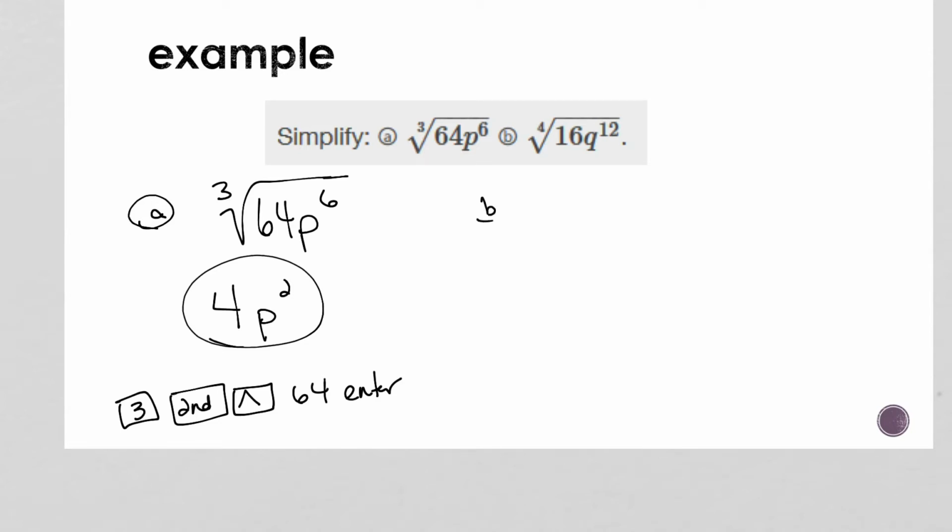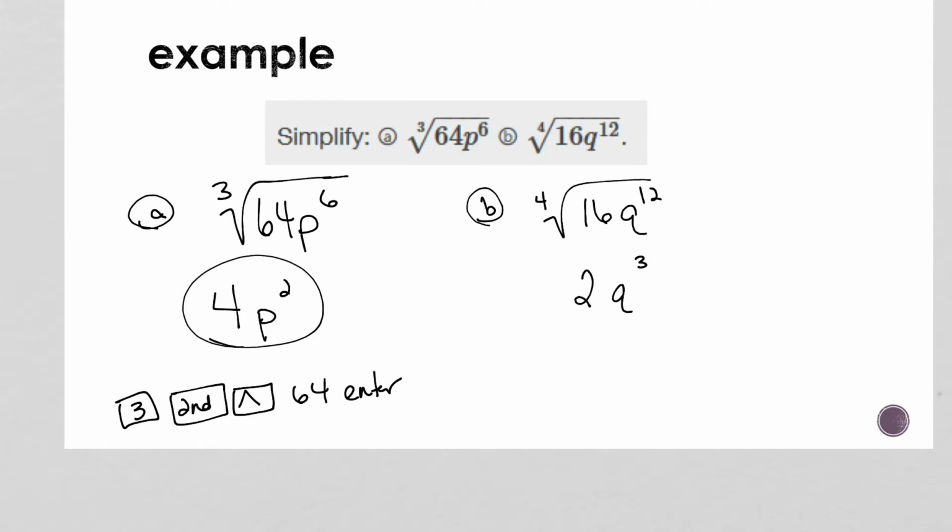All right, so on part B, we've got the fourth root of 16q to the 12th. So what number times itself 4 times would give us 16? That's a 2. And then we're going to do this number right here divided by that number, and we would get q to the 3rd power.